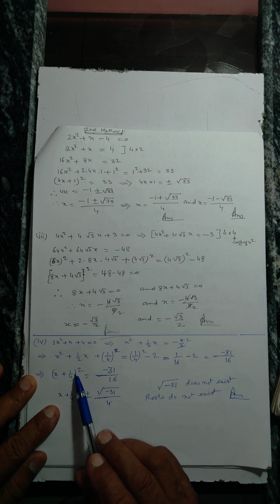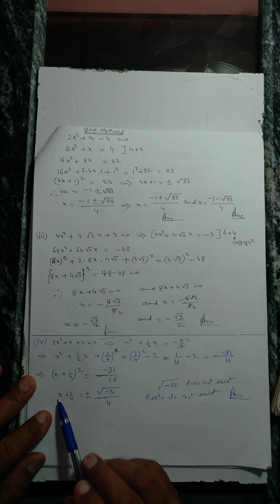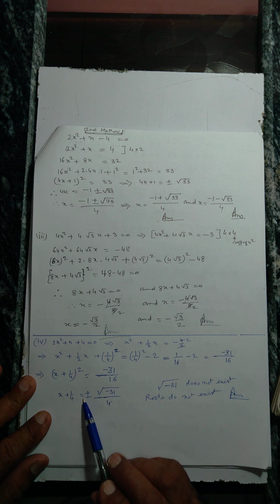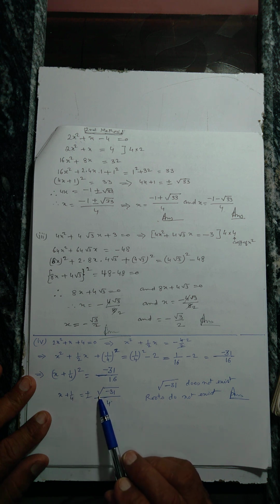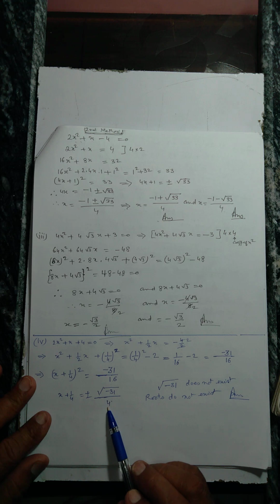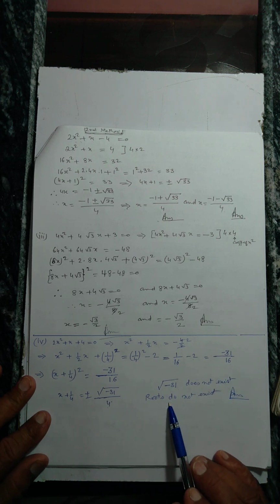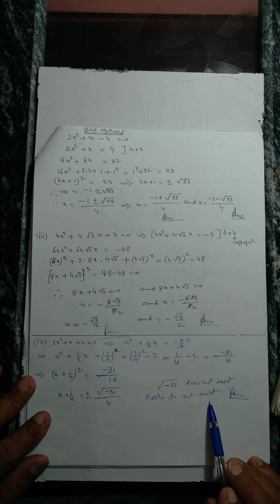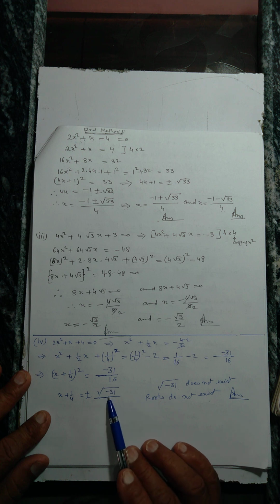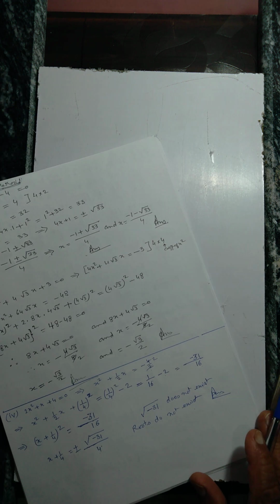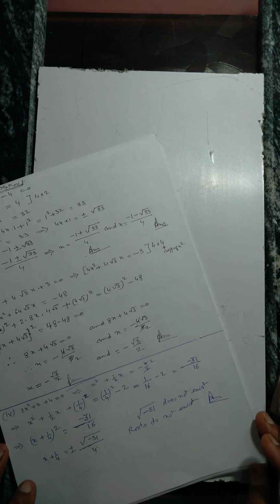So again I have made the square root of it. x plus 1 upon 4 is equal to plus minus root of minus 31 upon 4. Root of minus 31 upon 4 does not exist. Hence the roots do not exist. At this very stage you should know the minus 31, that is the imaginary part, and imaginary, that is the complex numbers, which have not been taught to you so far.